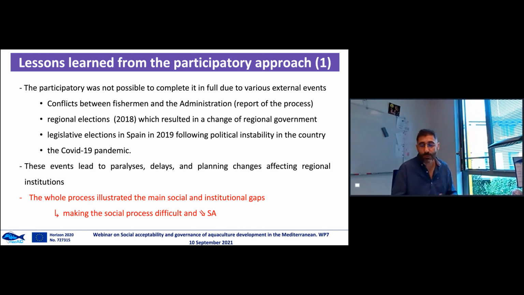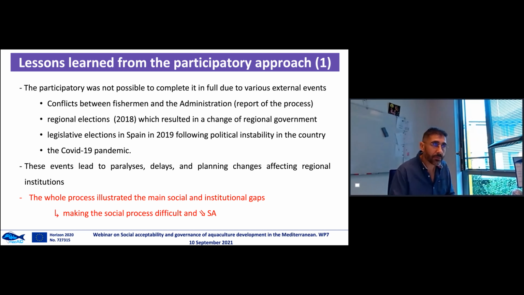Then we had the general elections in Spain that also created a lot of political instability in the country, and this had an effect on the territorial situation. And then the COVID pandemic, everything stopped, and we had to put an end to this participatory approach.